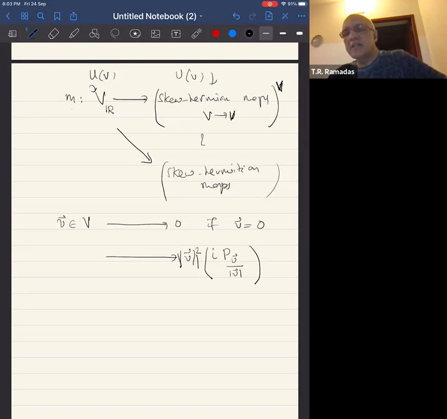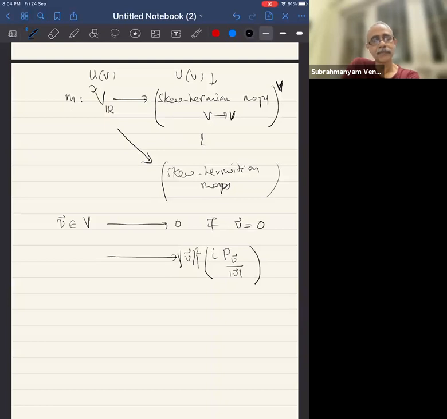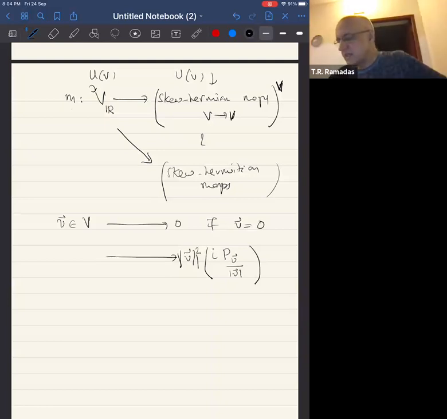Therefore, by the general formalism of the moment map, I should get a U(V) equivariant map from the vector space to the dual of the Lie algebra of U(V), which is skew Hermitian endomorphisms. But the dual of skew Hermitian endomorphisms can be identified with skew Hermitian endomorphisms, something like a Killing form. So I'm looking for a U(V) equivariant map from V to skew Hermitian endomorphisms.